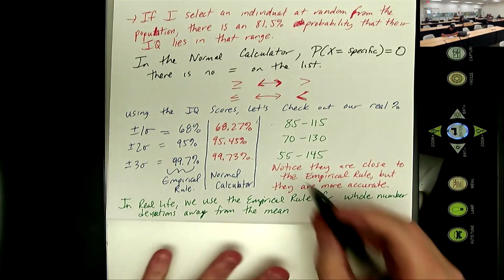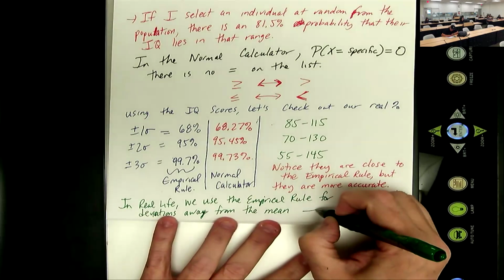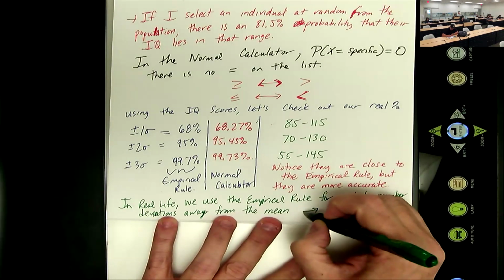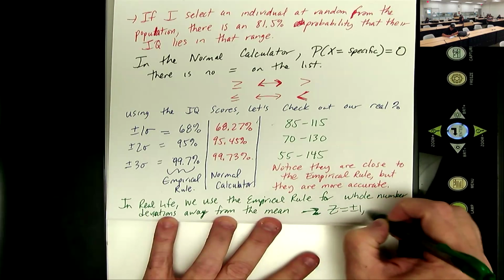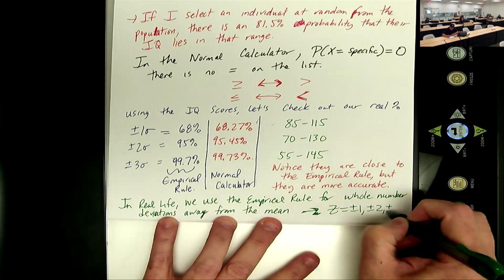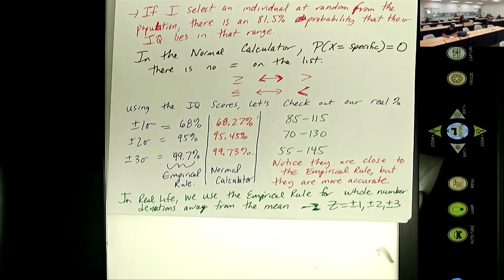This corresponds with what we're gonna do in 7.2 when we look at the z-score. This is when z is plus or minus 1, plus or minus 2, plus or minus 3, in the next section.